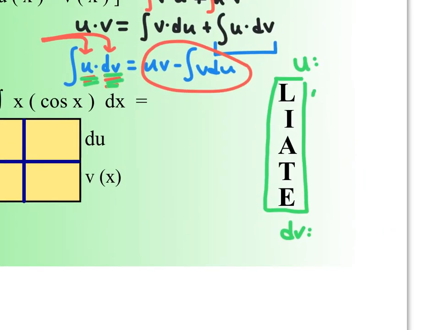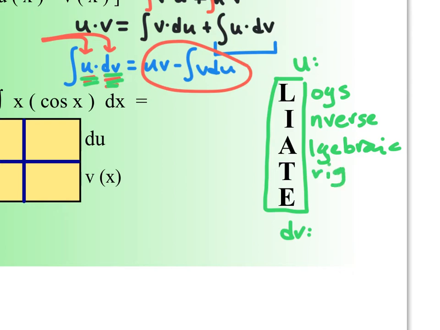L means any sort of logs. That is highest priority. Next priority is inverses. Next priority after that is anything algebraic, like a polynomial of any sort, x squared, 3x cubed, whatever. T is for trig, I'm sure you could have guessed that, and E is for exponentials.